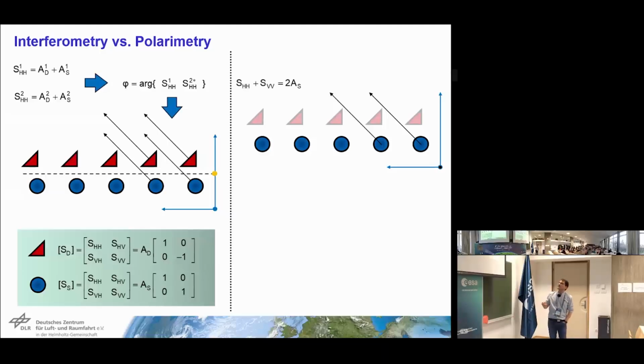Spheres, it's different. Spheres have the same, so there is no change of sign, so they scatter the same in HH and VV. So what happens now, you take for instance the first acquisition, and in the first acquisition you have polarimetry, you make HH plus VV.